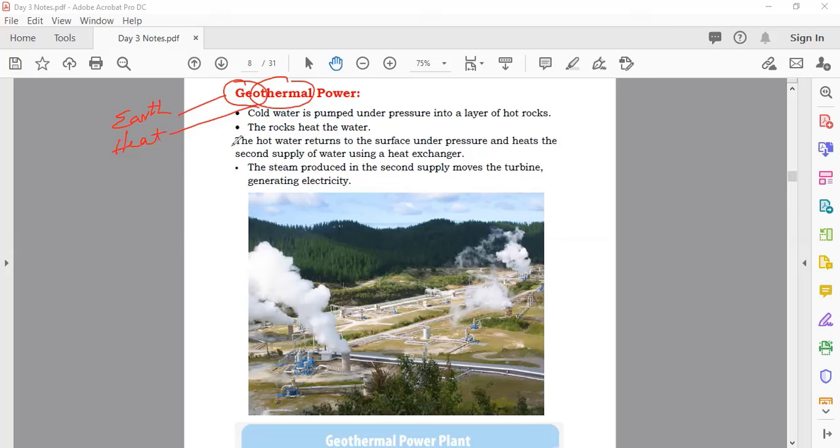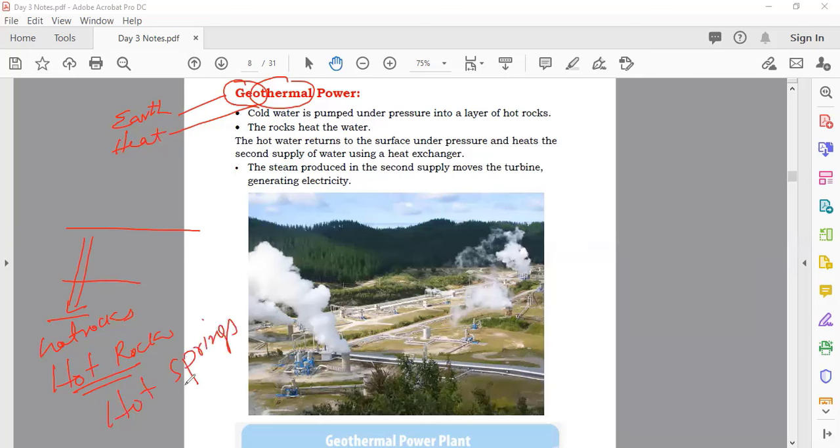There are some areas in the world where under the earth, maybe up to some 100 meters, you will find hot rocks. Sometimes these are also known as hot springs.